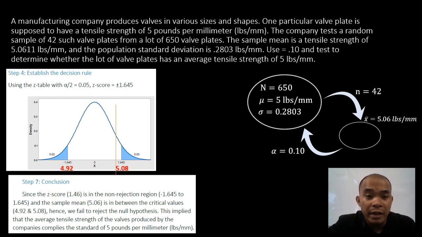We fail to reject because our values are in the non-rejection region. This implies that the average tensile strength of the valves produced by the company still complies with the standard of 5 pounds per millimeter. Okay? So, good luck and God bless.